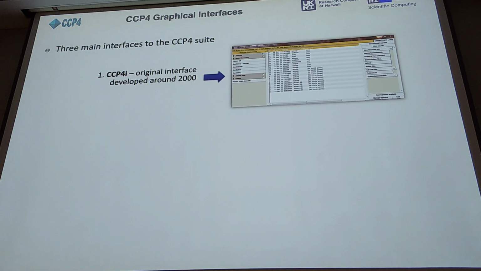Now, I did look around, and I did see this interface, CCP4i, from about the year 2000. So what happened since then? I think at that point it was CCD detectors, if you were lucky. You were collecting 1 degree oscillation.